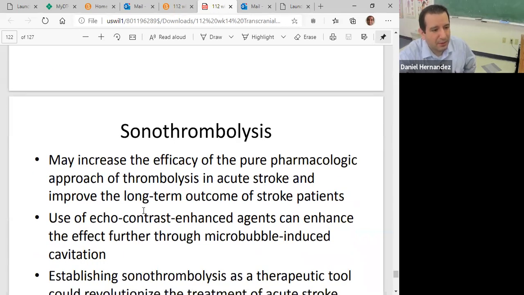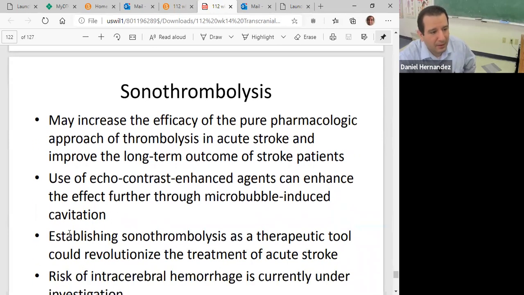So the use of echo contrast enhanced agents can enhance the effects further through microbubble induced cavitation. Establishing sonothrombolysis as a therapeutic tool could revolutionize the treatment of acute stroke.